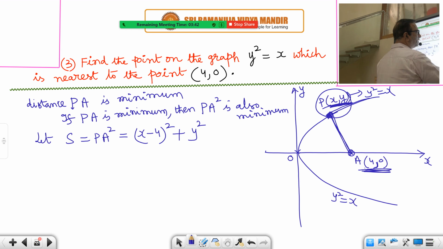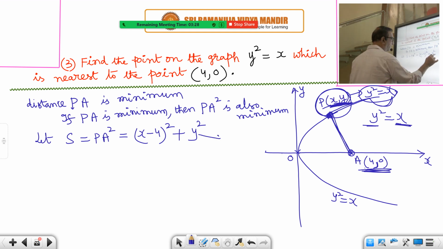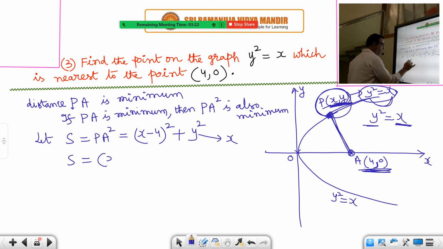Because the point x comma y is lying on the graph y square is equal to x, in place of y square I can put x. So therefore S can be written as x minus 4 whole square plus x, because y square is equal to x, because the point is lying on the curve.